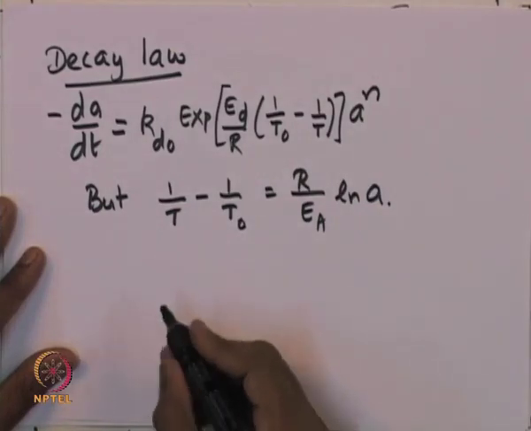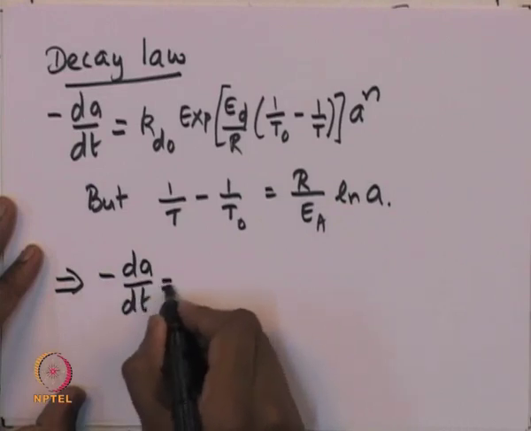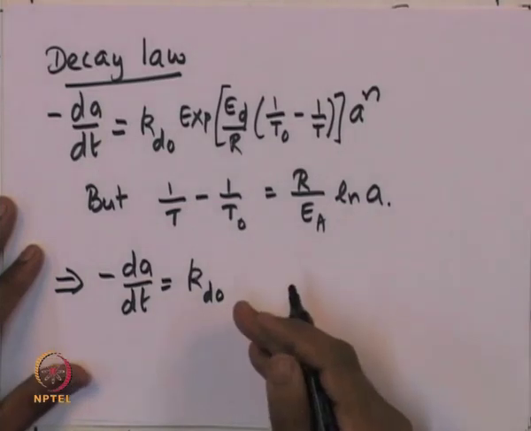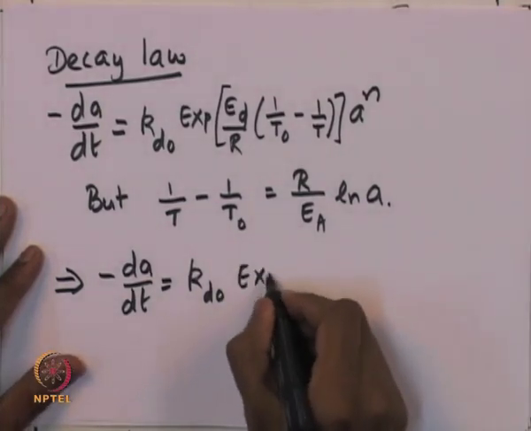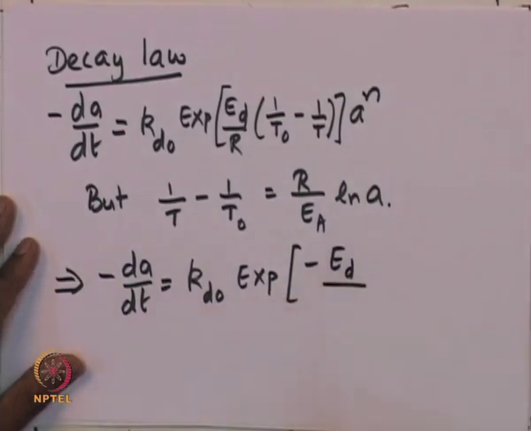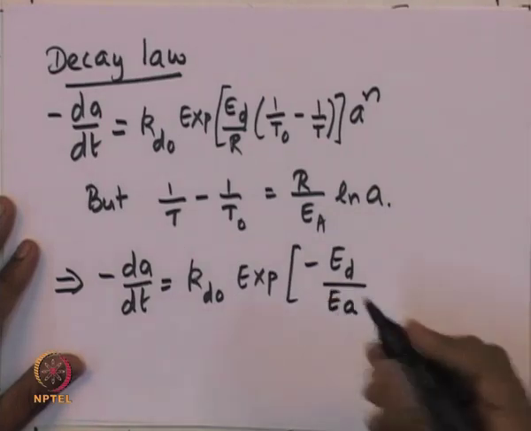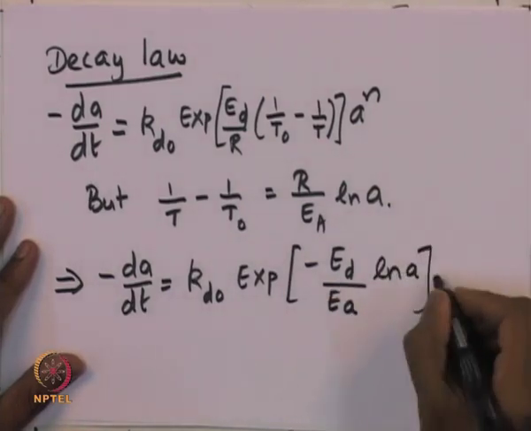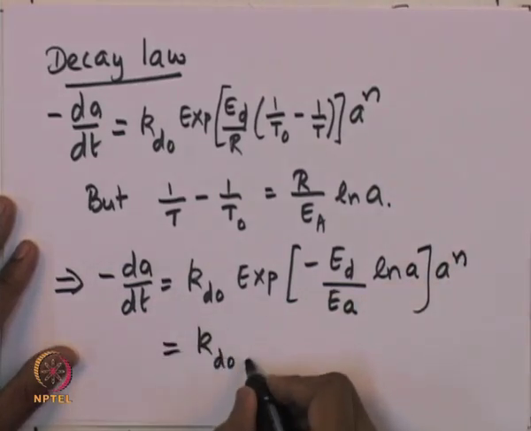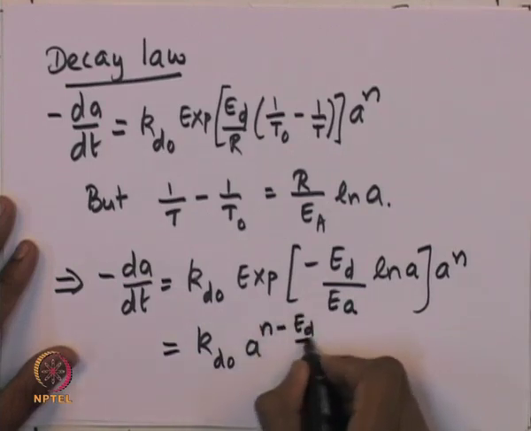By substituting this expression, we find that minus d a by d t equals the specific deactivation constant multiplied by exponential of minus E d, the activation energy for the deactivation of the catalyst, divided by E a, into ln a, into a to the power of n. So, this is equal to k d 0 into a raised to the power of n minus E d by E a.